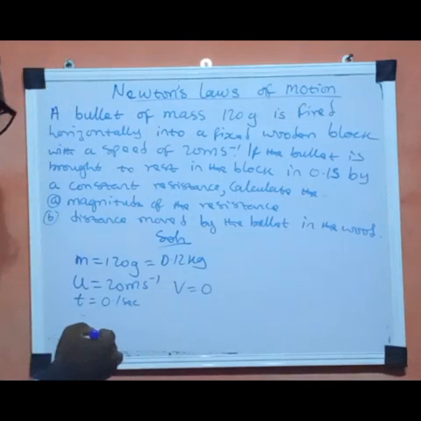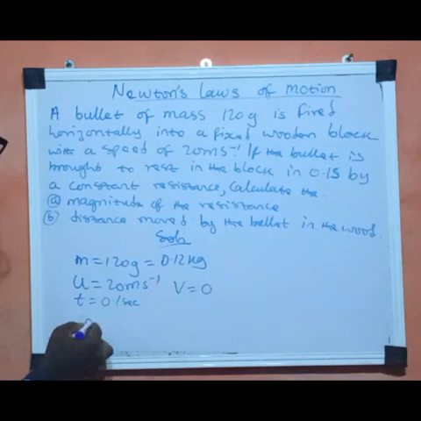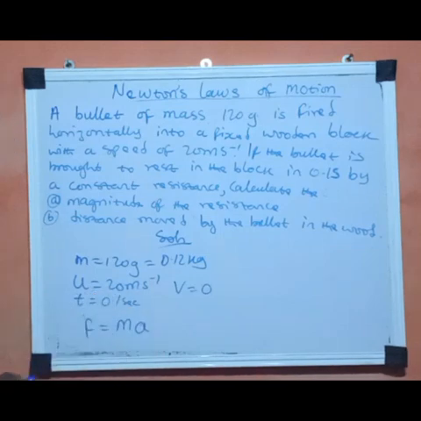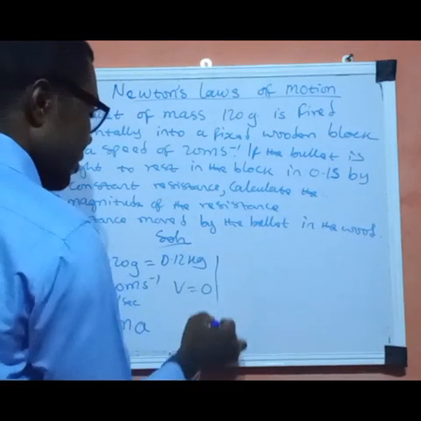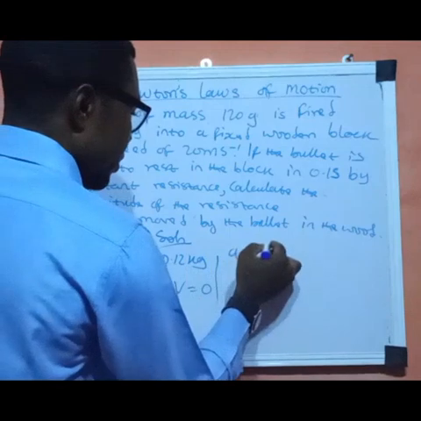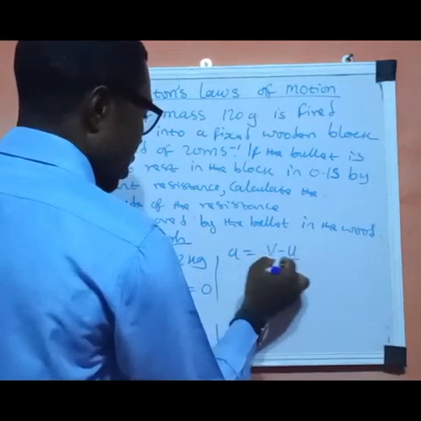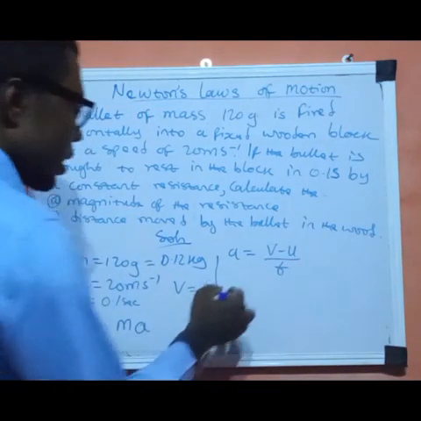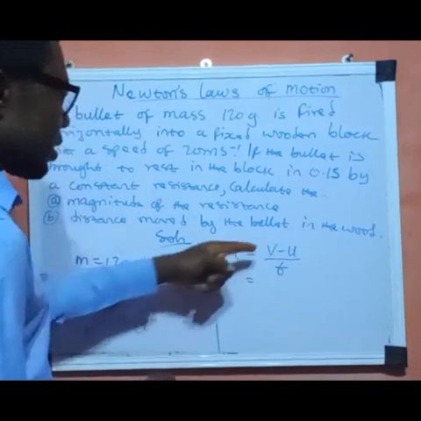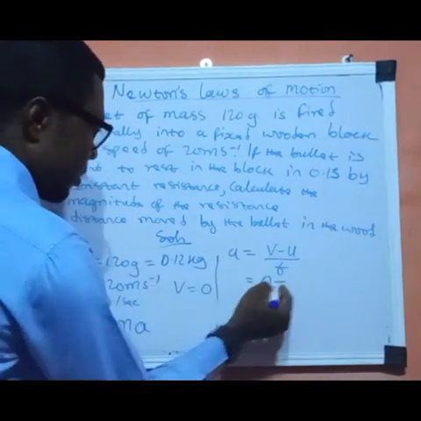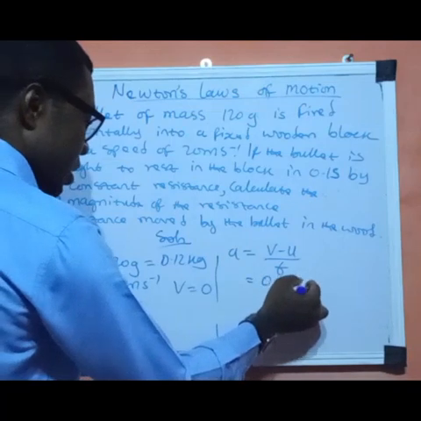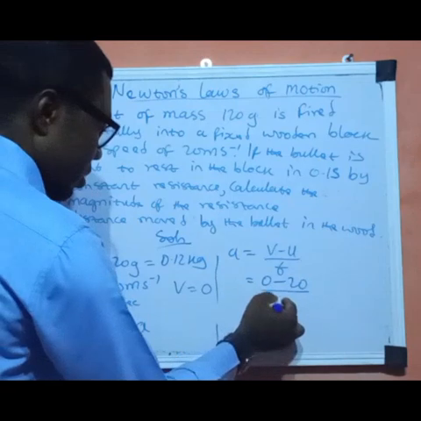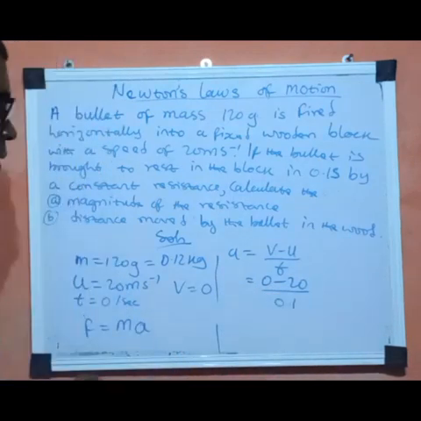So if we use our relationship, force is equal to mass times acceleration, where acceleration is the rate of change in velocity, that is change in velocity over time. If we apply that, we have 0 minus 20 divided by our time, 0.1.